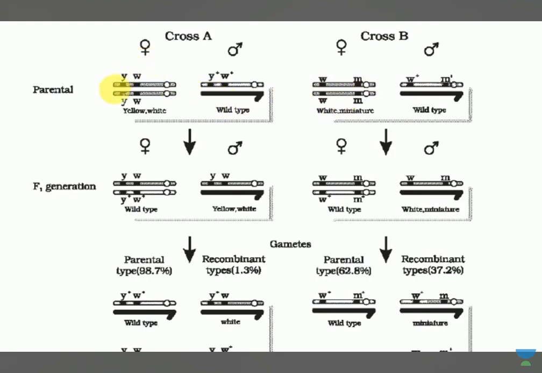So linkage is more in cross A, linkage is less in cross B, and we have talked about the linkage and recombination and the relation between them. So this is going to have very low frequency of recombination, क्योंकि यहाँ पर linkage ज्यादा है, and linkage and recombination are inversely proportional. So more the linkage less will be the recombination, less will be the linkage more will be the recombination.